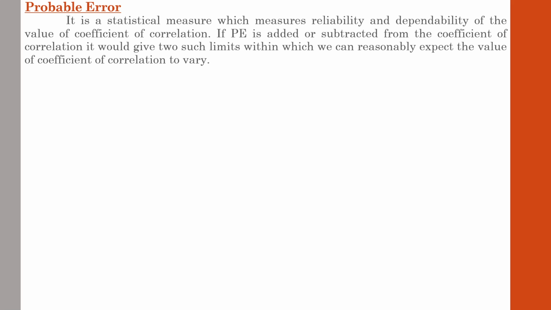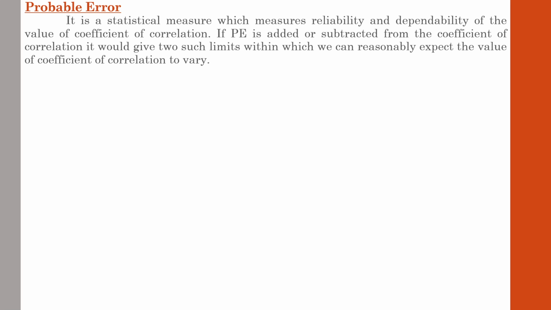For example, earlier I mentioned that you got the value of R as 0.5. Let the computation of probable error give a value of 0.2. Remember, the correlation value is 0.5 and the probable error of that same data is 0.2. So what is the upper and lower limit of that correlation value? For the upper limit, just add 0.2 to 0.5, you will get 0.7.